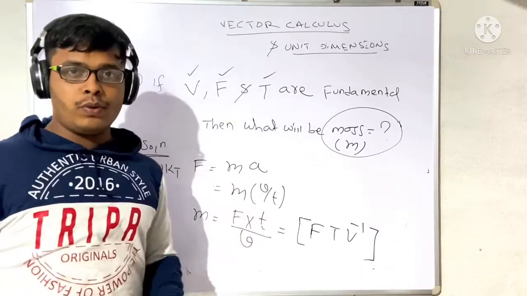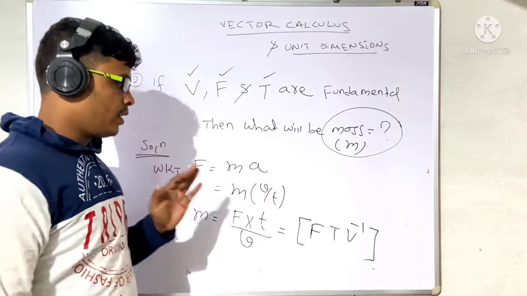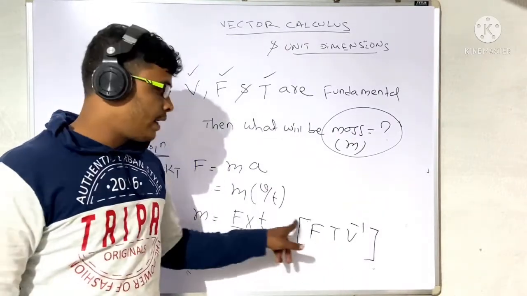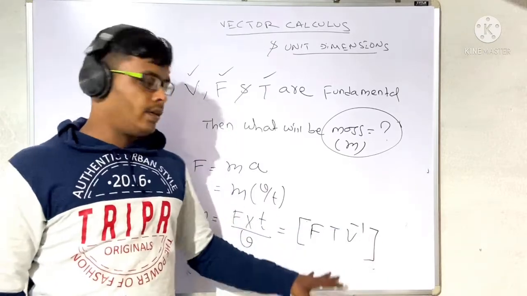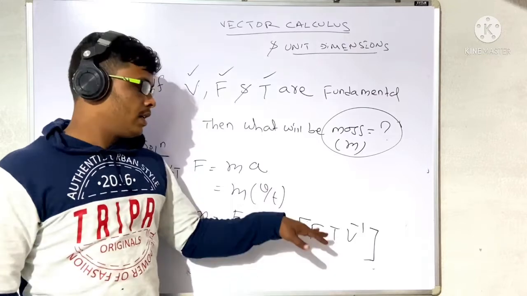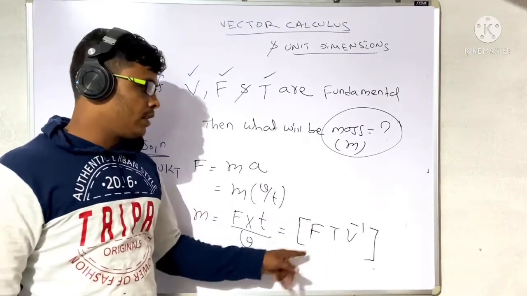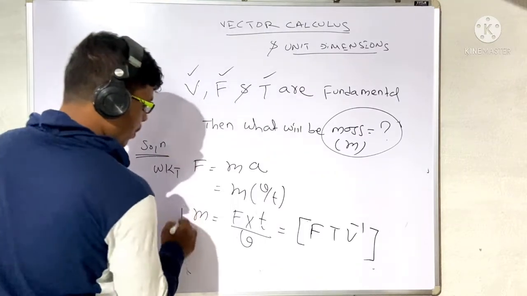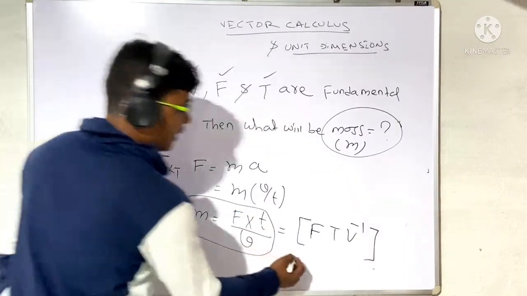And I told you in the first class that the dimensions are always written in capital letters inside a bracket. So write the dimension always in capital letters using this bracket. So this is the relation, this is the formula, but this is the dimension.